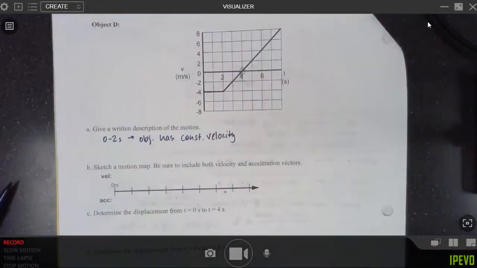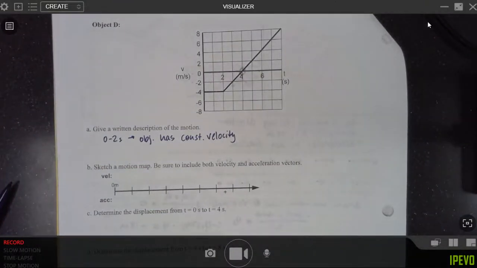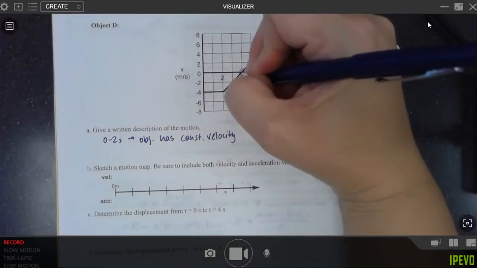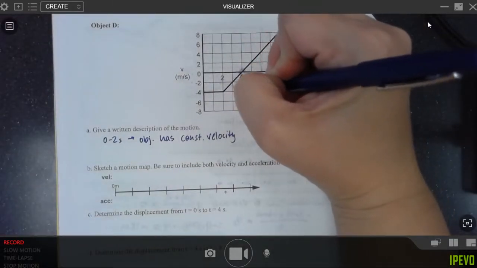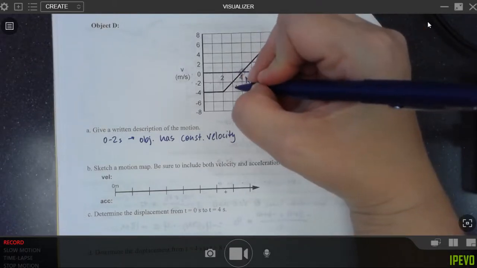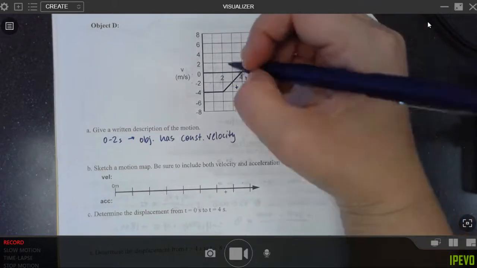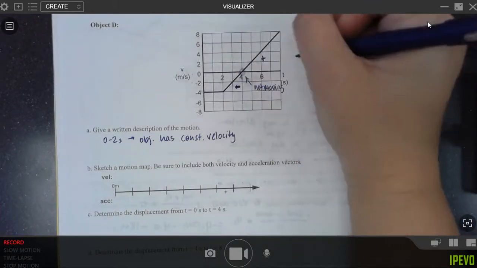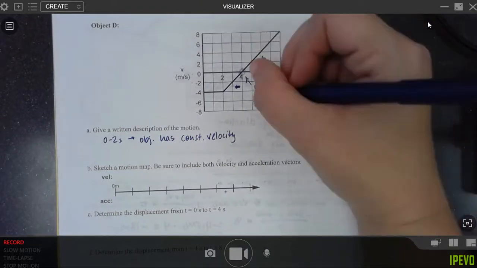There's a very brief moment where our velocity is 0. That's where our object is not moving. That's also the point where we switch from having a negative velocity to a positive velocity. So that's a point where our object turns around.